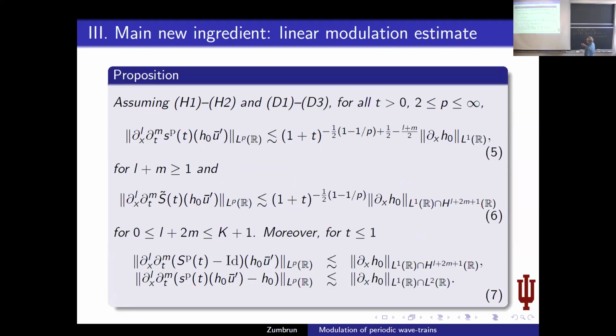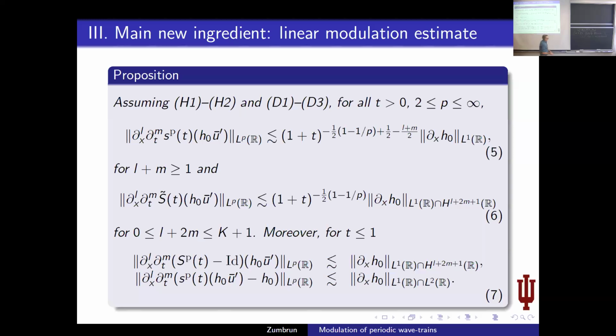Okay, and here's the main new ingredient. We call it a linear modulation estimate. Just look at the first line here. This says that if we apply this phase operator to special data of the form H0 times U bar prime, what is that? That's like modulated data, but the linear version.